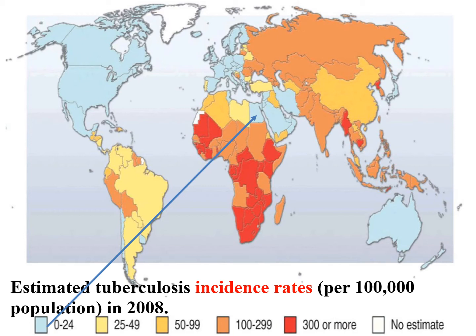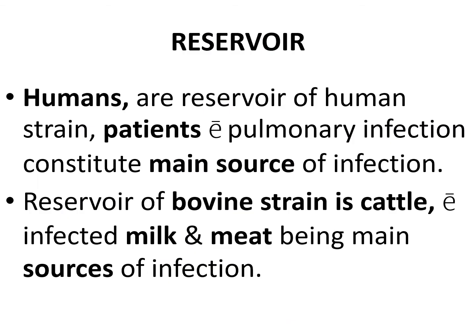Second, after graduation you can work in any of these places: inside Egypt, in the Gulf area, Africa, Latin America, North America, Asia, Europe, any part. So you must know the distribution of TB.